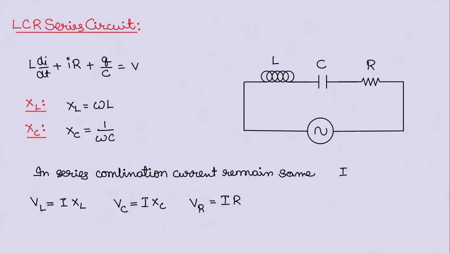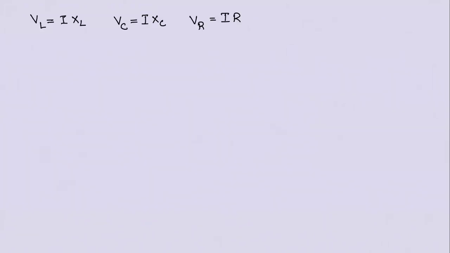Let us make the phasor diagram. We can write voltage across resistance as VR, voltage across inductor VL, and voltage across capacitor as VC. We know that voltage across the inductor will be 90 degrees in lead, and voltage across the capacitor will be 90 degrees in lag.